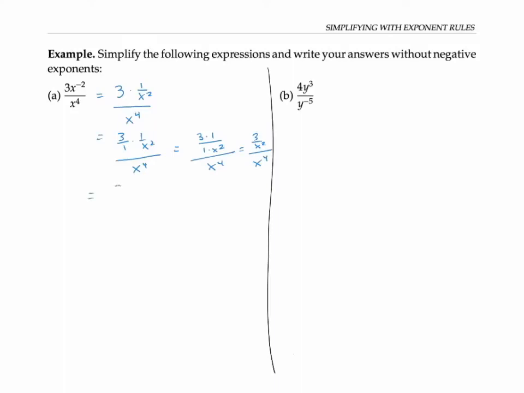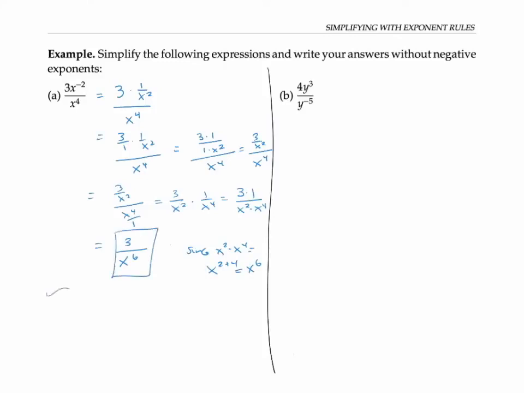I can think of x to the 4th as x to the 4th over 1, so now I have a fraction over a fraction, which I can evaluate by multiplying by the reciprocal. That simplifies to 3 times 1 divided by x squared times x to the 4th, which is 3 over x to the 6th, using the product rule, since x squared times x to the 4th is equal to x to the 2 plus 4, or x to the 6th.